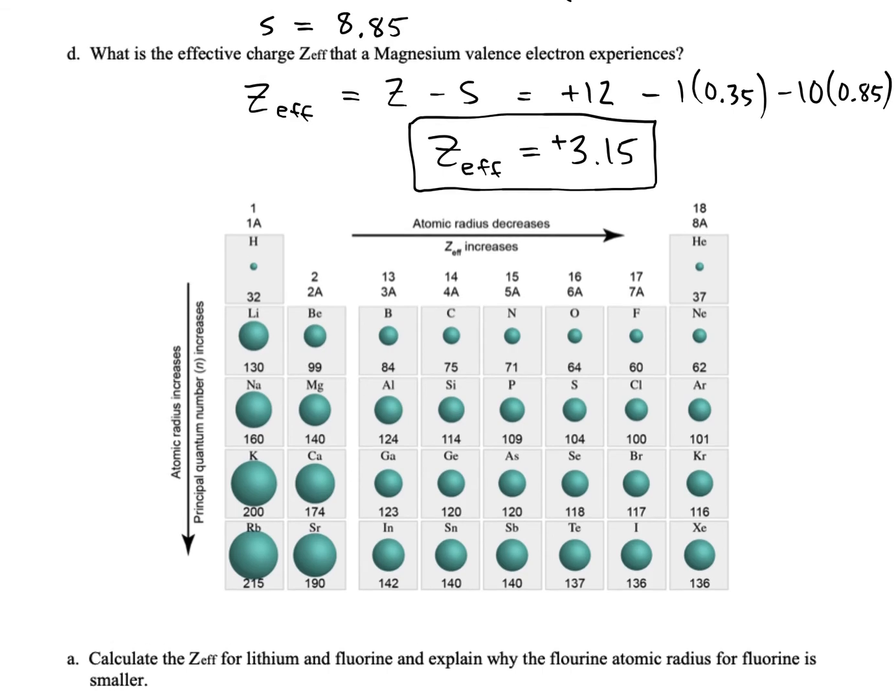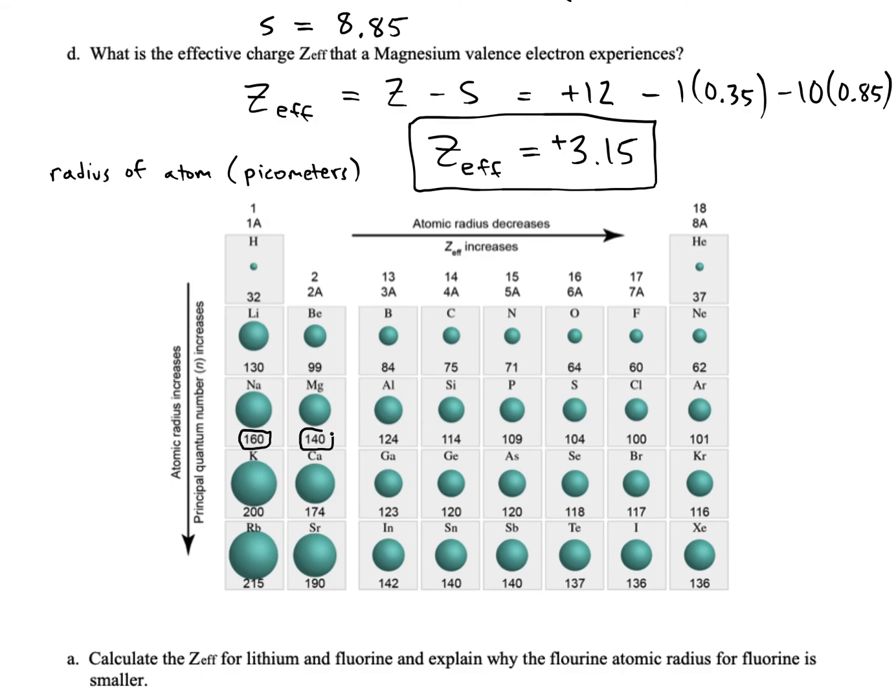And when the valence electrons are more attracted, what happens is the atomic radius decreases. This table gives atomic radii in picometers. And we can see that for sodium, it's got a value of 160 picometers for its radius.